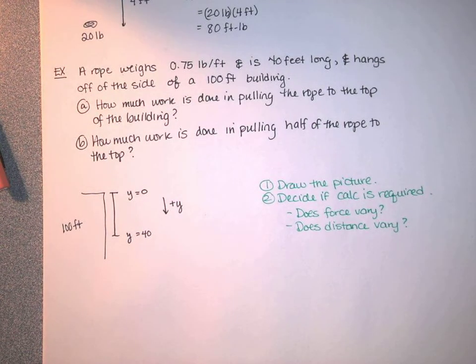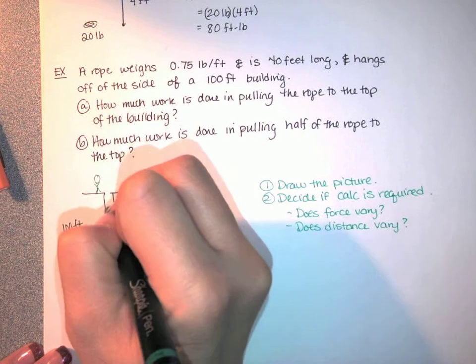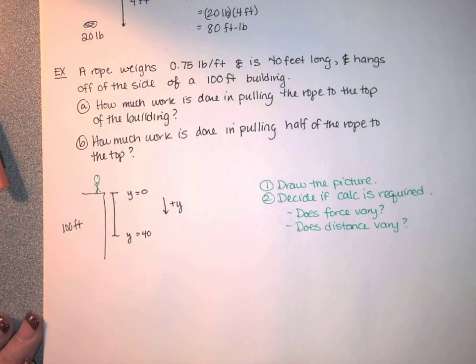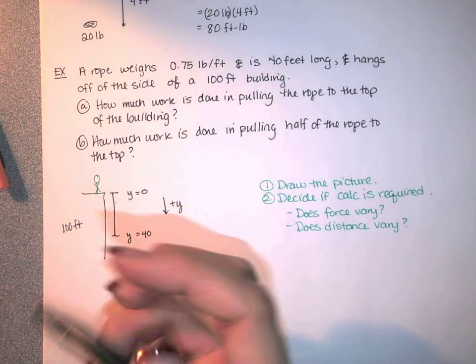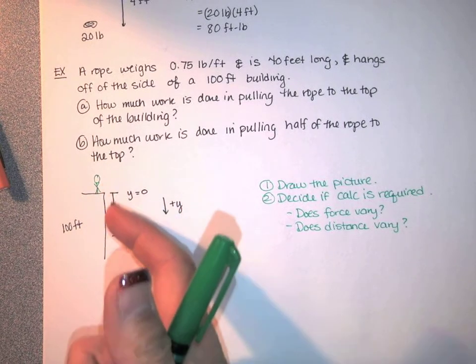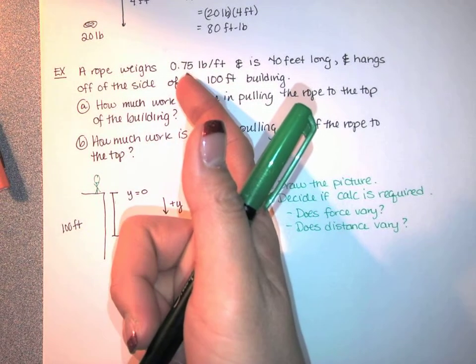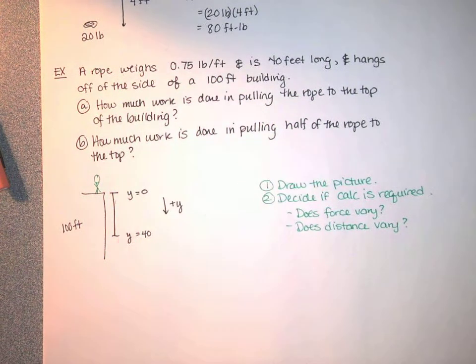Well, I think you can see if you're standing here at the top and you start pulling the rope to the top, the force that's pulling down off the side of the building is going to become less and less as you pull more of this rope to the top. It's going to be a lot lighter and easier for you when there's only a foot hanging off the side of the building than it is at the beginning when you've got 40 feet of rope that weighs 0.75 pounds per foot hanging off the side of the building.